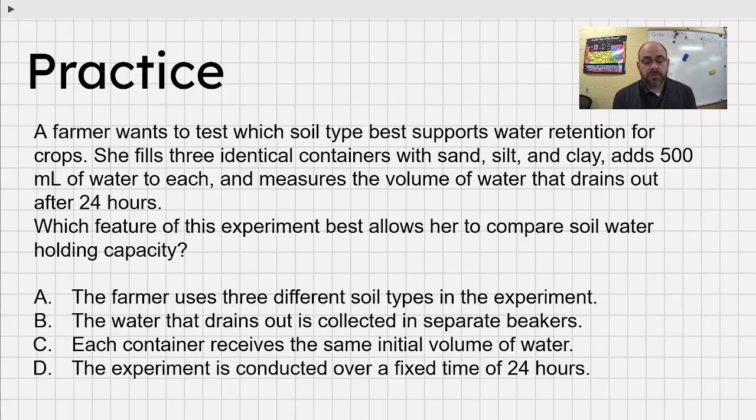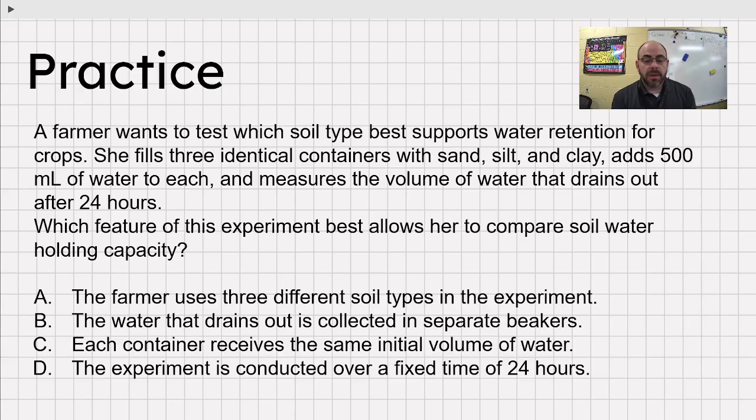The farmer uses 3 different soil types in this experiment. Maybe. But this doesn't really allow her to compare soil capacity. Water that drains out is collected in separate beakers. Each container receives the same initial water volume.